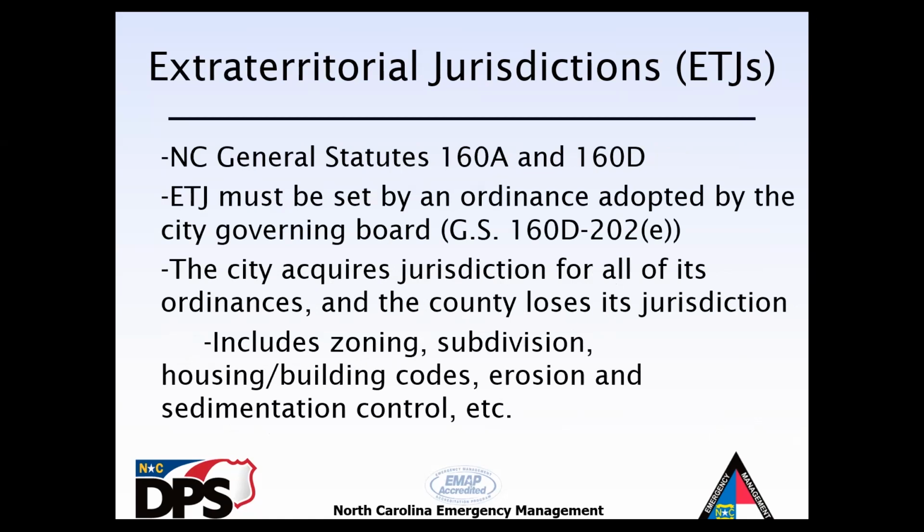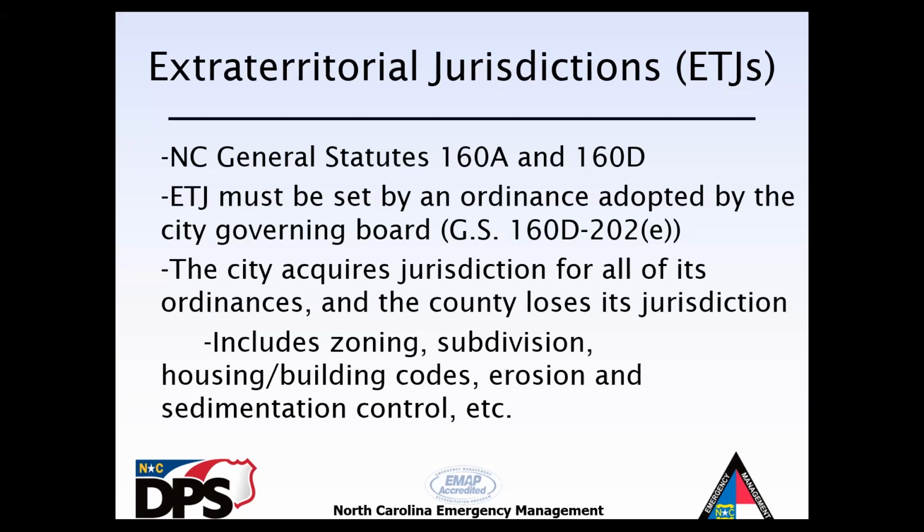So the legal guidelines for ETJs are stipulated in North Carolina General Statutes chapters 160A and 160D. The general statute stipulates that the ETJ must be set by an ordinance adopted by the city governing board.